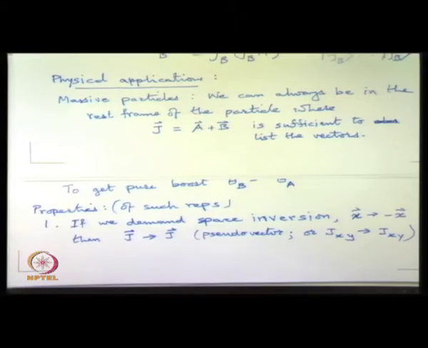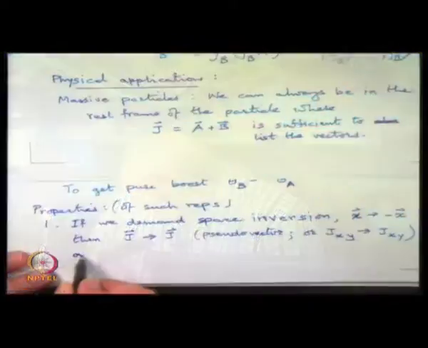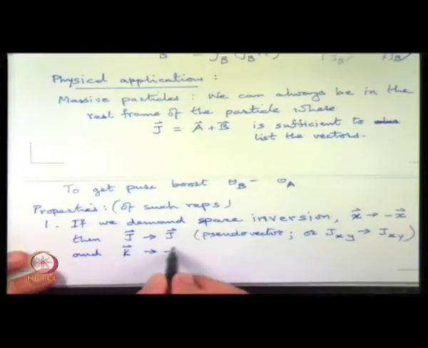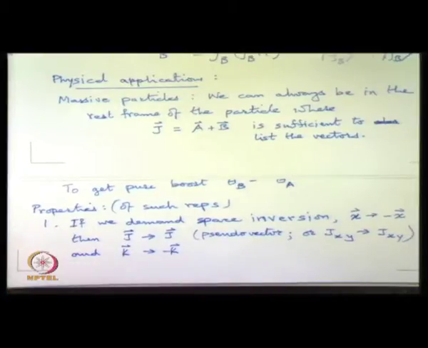If you flip both the axes, it remains the same. But K will go to minus K, because it is a space-time boost, and the time axis you are not changing. So only the space part changes.